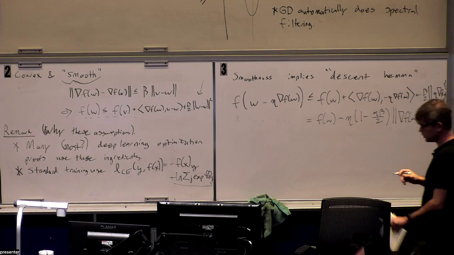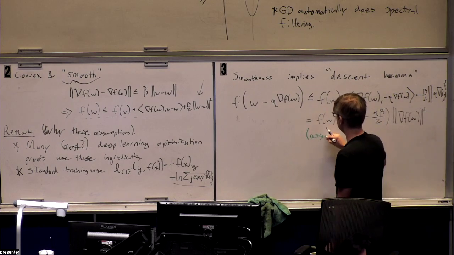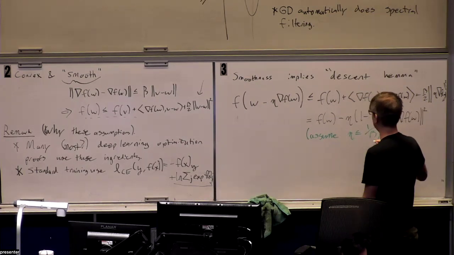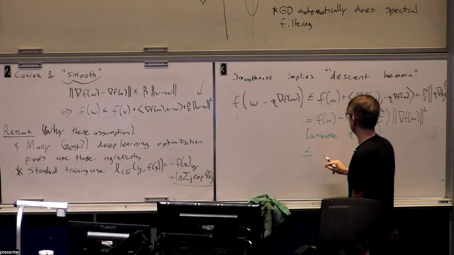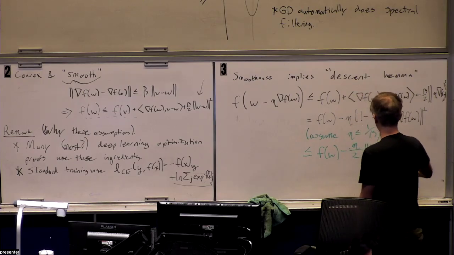Moreover, most people say it's natural to assume that eta is less than or equal to 1 over beta, in which case you get a further inequality, which is this.